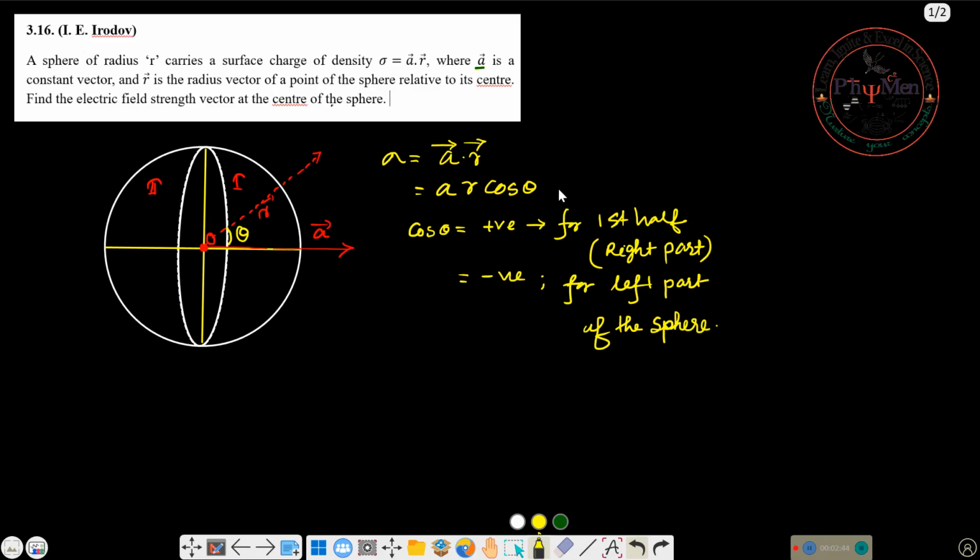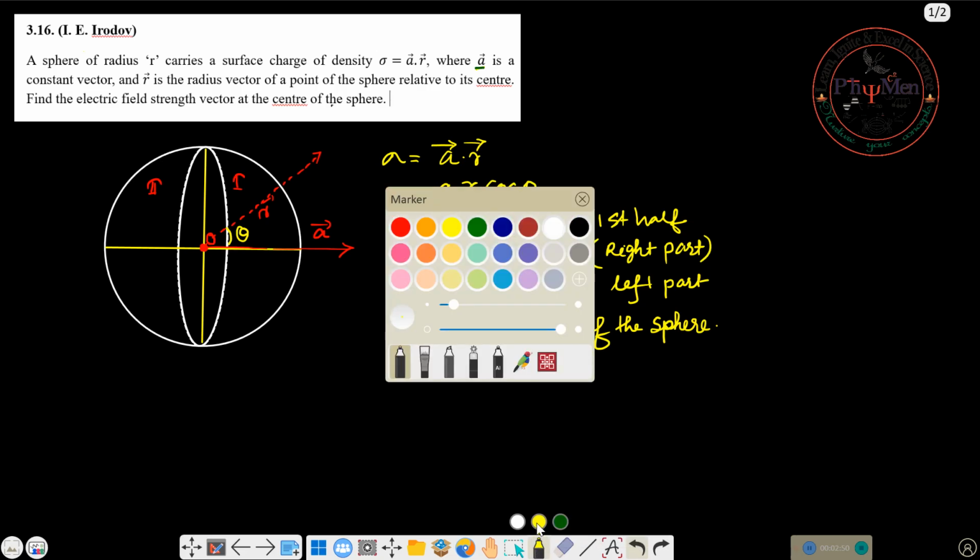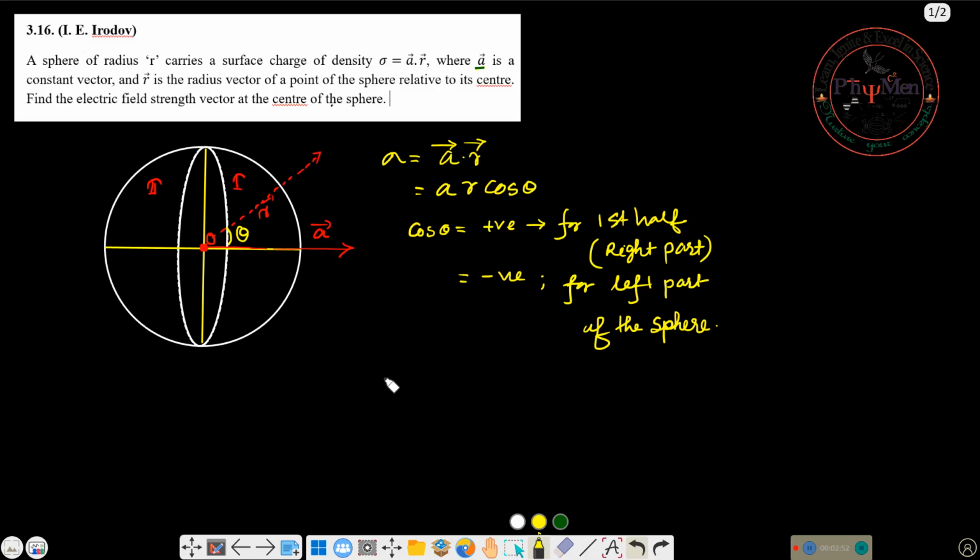Now from this we can say that sigma is positive for the right part and negative for the left part.